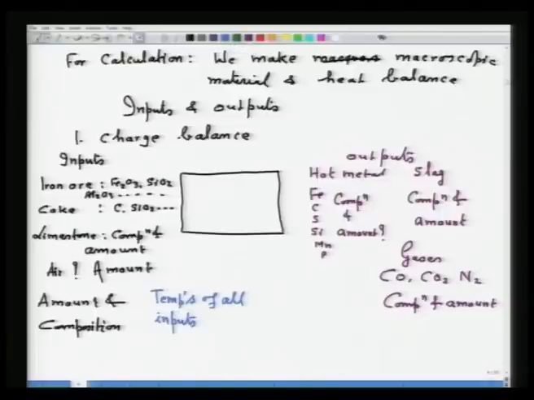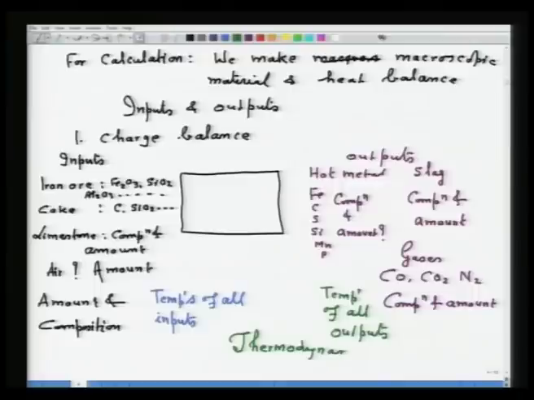Unless we know their temperatures, we cannot calculate the heat balance. On the output side, we should also know the temperature of all outputs. In addition, you should also know some thermodynamic data, say heat of reaction, Cp value and so on, whatever is needed. So, this is in short the charge balance.